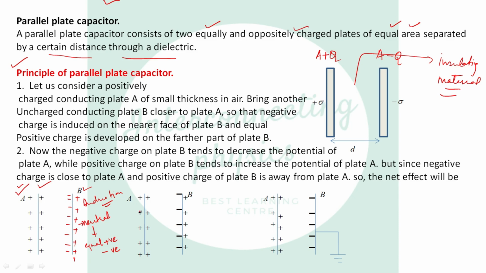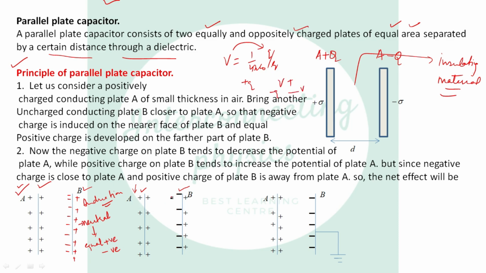Now you see, this negative charge on plate B will try to decrease the potential of plate A, because this is positive. If we know the relation V equals 1 over 4 pi epsilon naught times Q over R, that is the potential due to a charge. If Q is positive, the potential will be positive. If Q is negative, the potential will be negative.